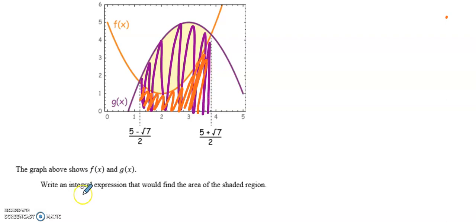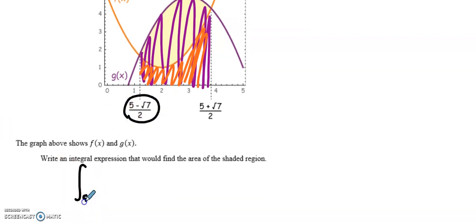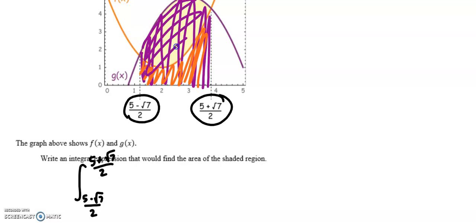Okay, well, I'm going to integrate from this value, 5 minus the square root of 7 over 2, until this value, 5 plus the square root of 7 over 2. My big area is going to be my purple function, which is g of x, minus my orange area, this bottom area, which is f of x.